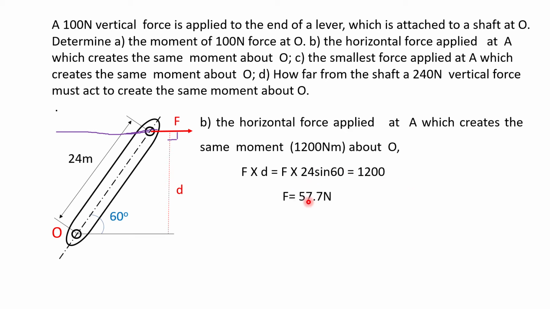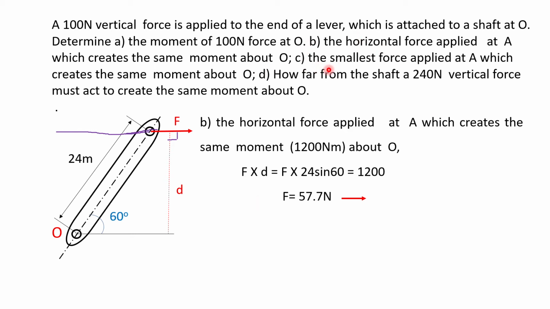We can easily calculate the value of the force, which we get as 57.7, and since it is horizontal and moving in the right direction, by notation we can show it going towards the right. So this is the solution of part B.